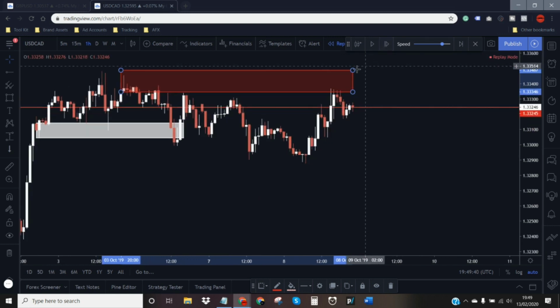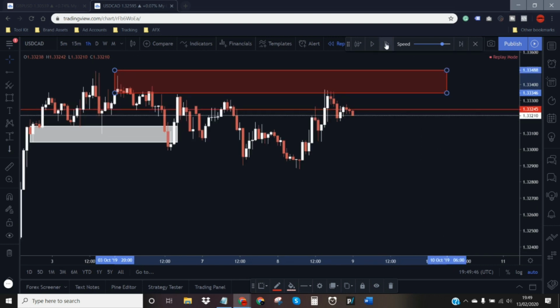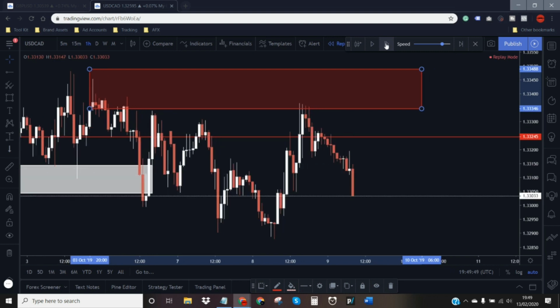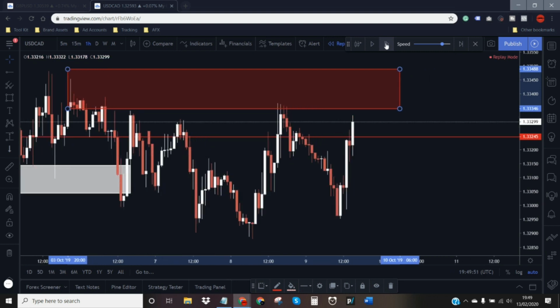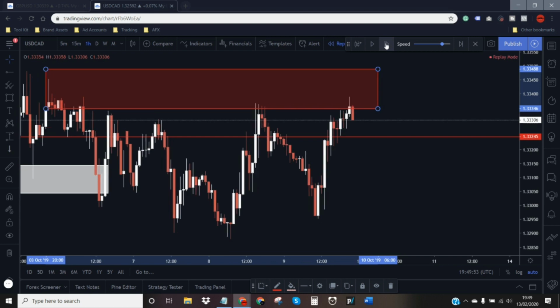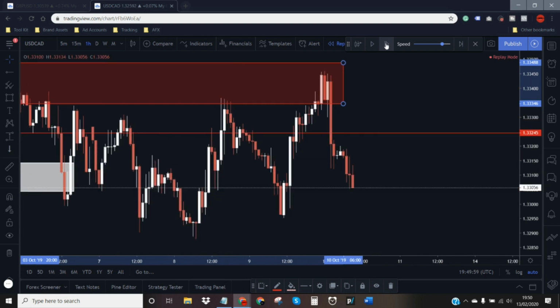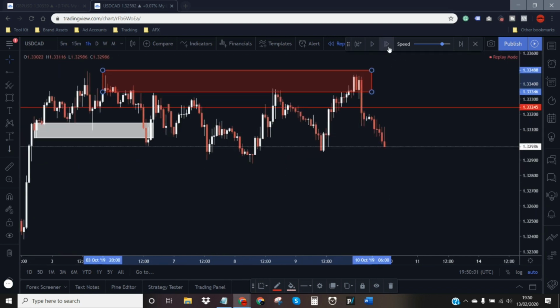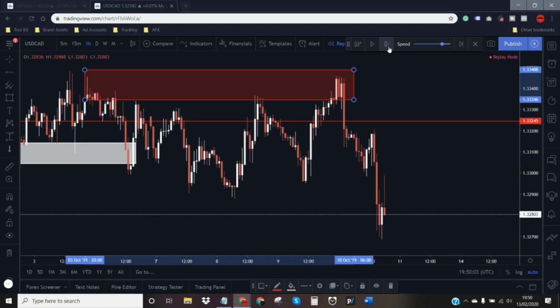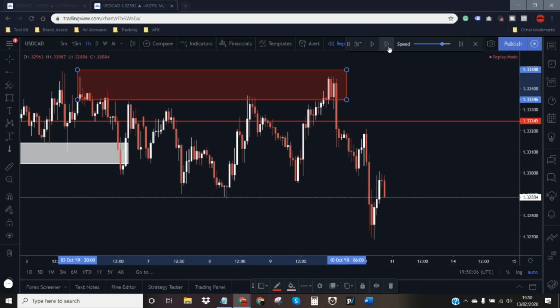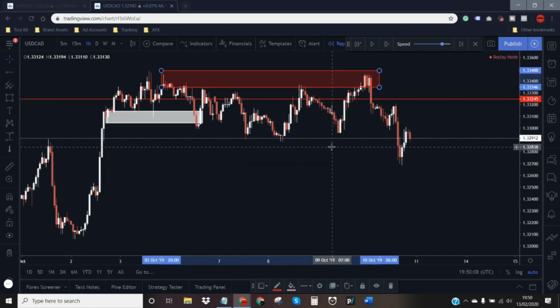Perfect. Still not getting a break out of there yet. Let's move that. Oh, it's gone deeper into the zone, and had a little bit of a freeze, and now we're off and away. So there it is again.